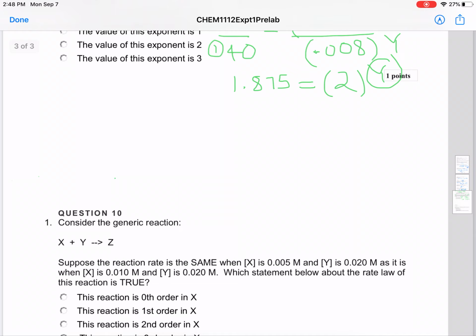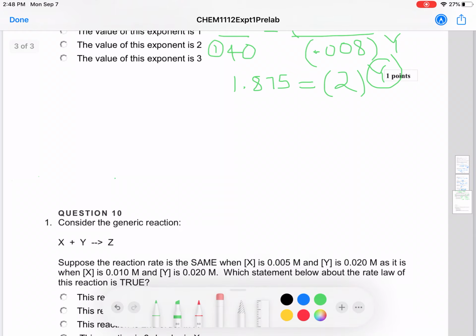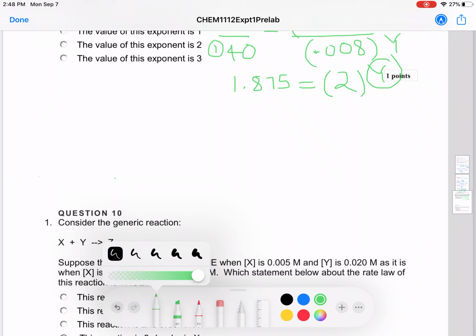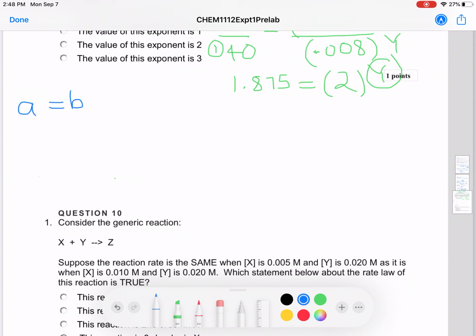Let's say you have an expression A equals B raised to the power m, and this is the exponent. So you want to find the exponent, so you can use m equals log A over log B.